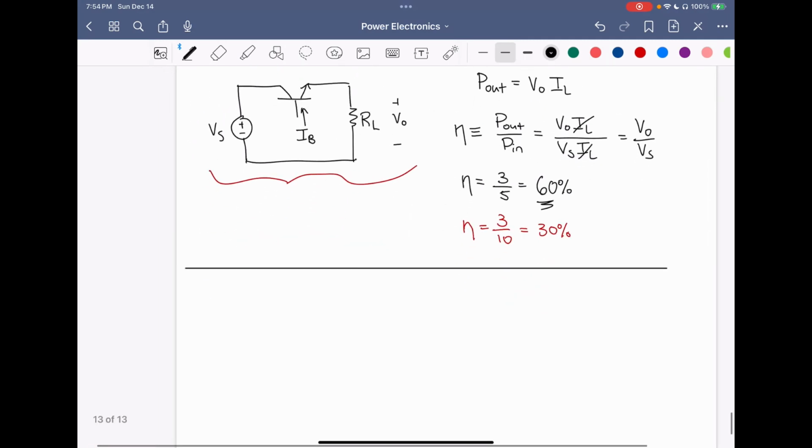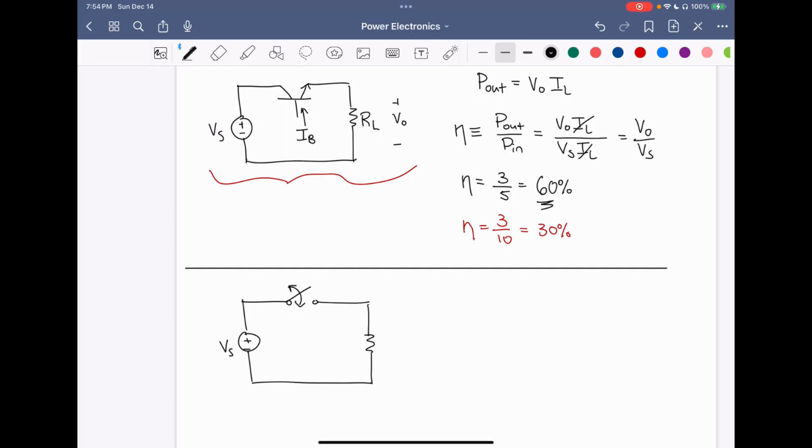This means the way that we operate the transistor is that we turn it on and off completely, just as an ideal switch. So in this case, we're just turning on and off an ideal switch, and we still have the load resistor like this as before.